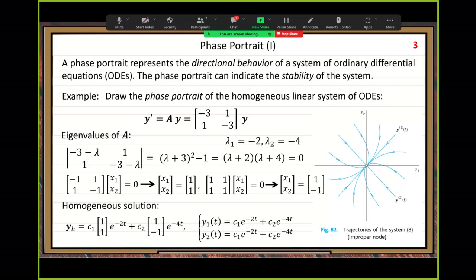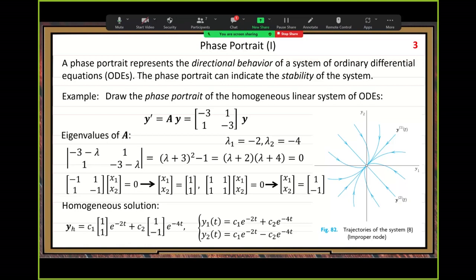Remember, that's the same solution we solved last time. Actually, this is an old solution. If you recall from the notes last time, basically I just copied the old solution. Here the homogeneous solution is like this. We do the eigenvalue, eigenvector, the standard way to find eigenvalues, eigenvectors, and homogeneous solutions.